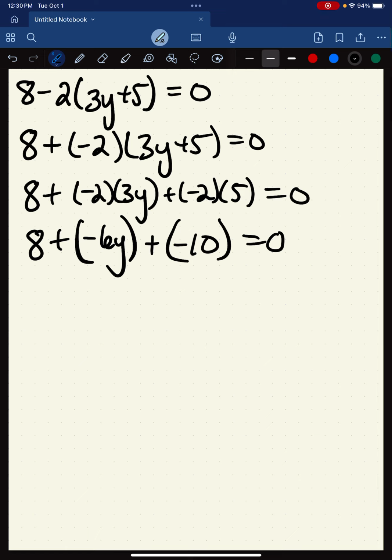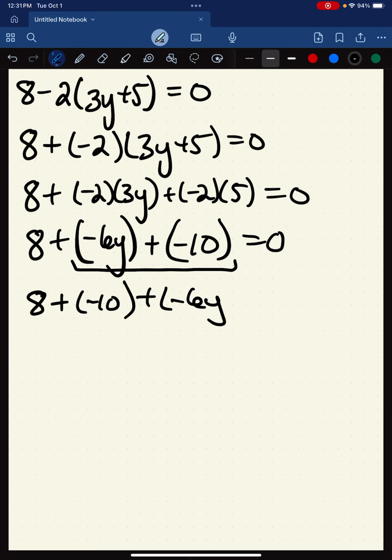Now, by the commutativity of addition, we can swap these two and say we have 8 plus negative 10 plus negative 6y equals 0. 8 plus negative 10 is negative 2, and plus negative 6y is the same thing as minus 6y, equals 0. Using the additive property of equations, we add 2 to both sides.